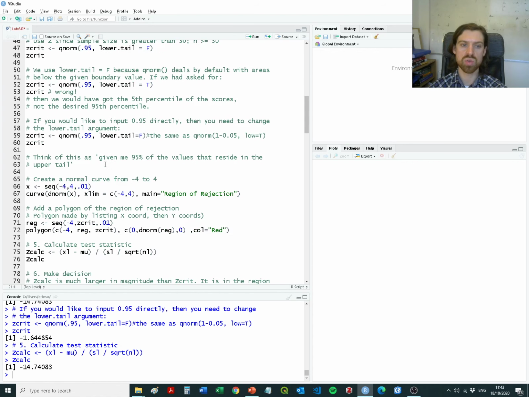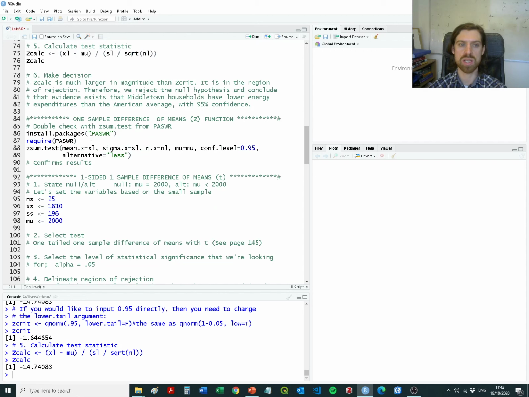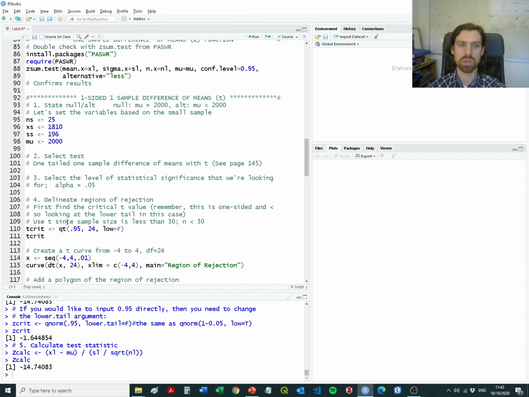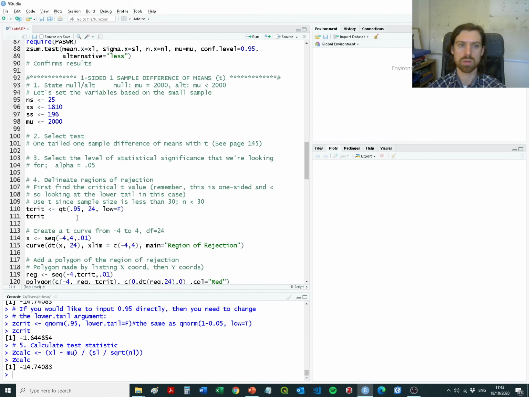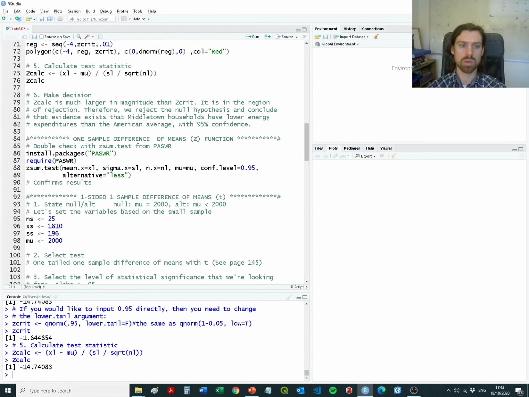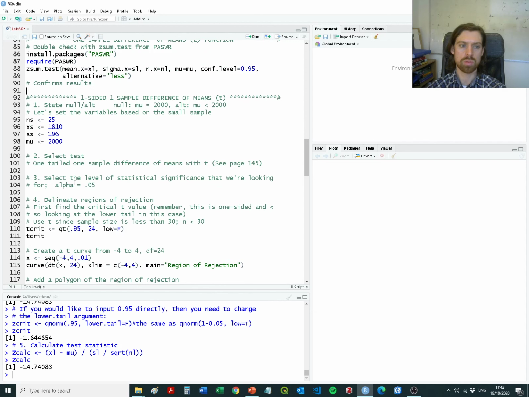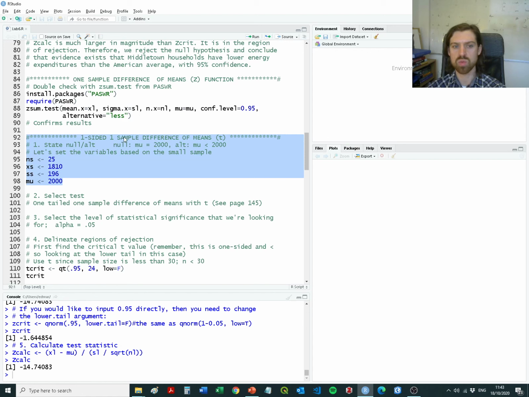We're going to use a different distribution here. So here we have the one-sided one-sample difference in means test, and we have the sample size of 25.